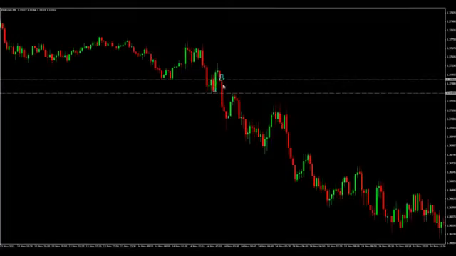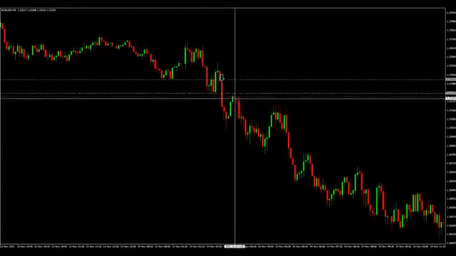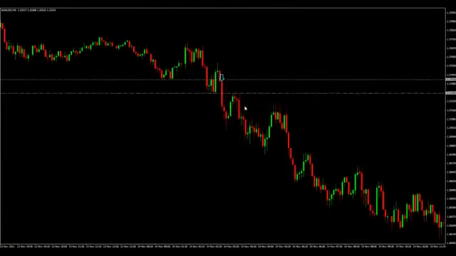We've got a pretty good move down, and as you can see, we've got a pretty good move back up, with a wick that came up and touched this level. That's the first good sign. Then we had another wick that came back up and touched this level, and again it did not break that support level right there.